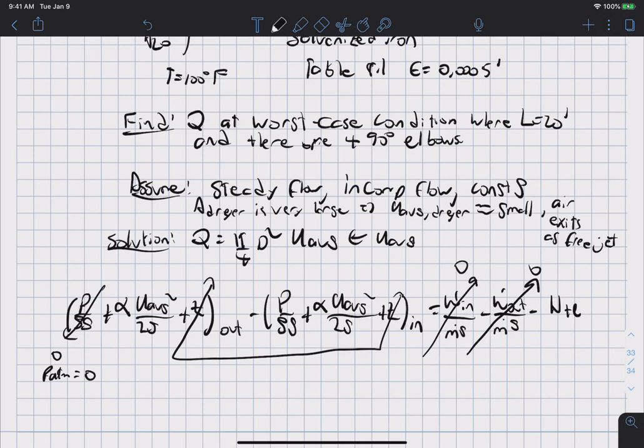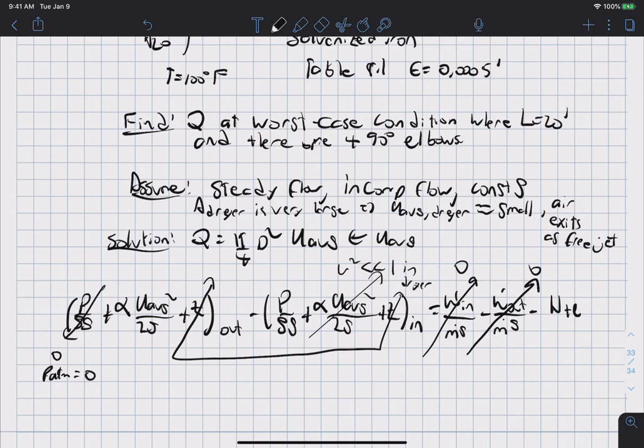And at the inlet, U average squared is very small in the dryer, so that goes away.